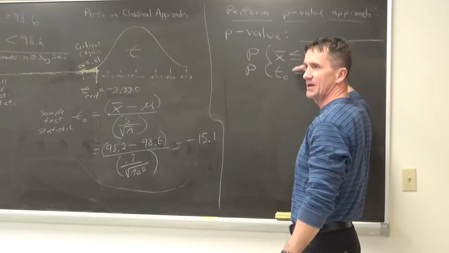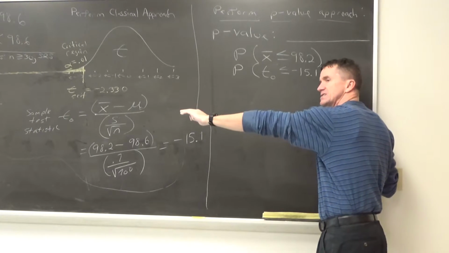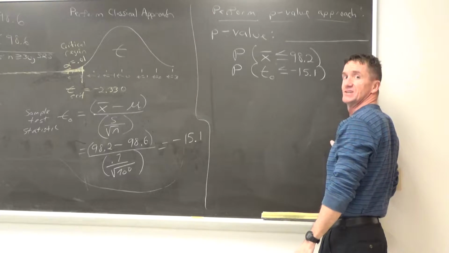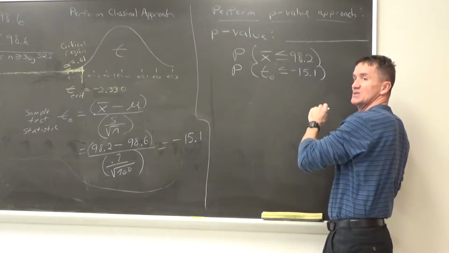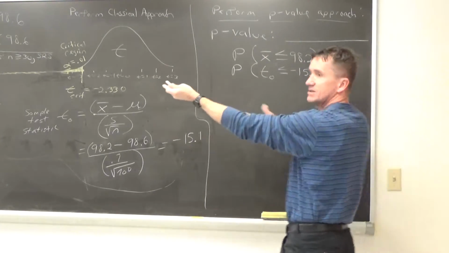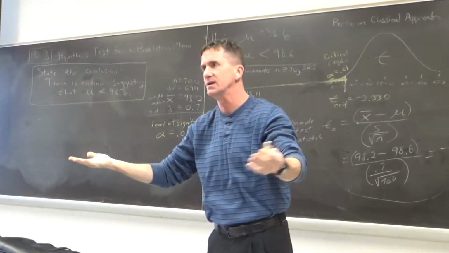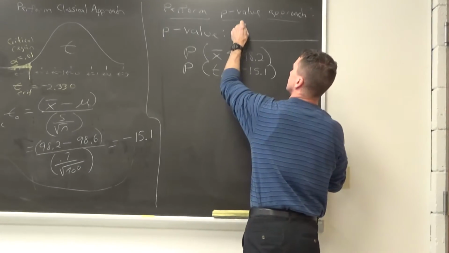Because as you're thinking about this right now, how much to the left of negative 15 standard deviations is shaded under that bell curve? Oh my gosh, it's not much, is it? So I expect a very, very small number. Do you all agree? We'll do it on the calculator, but we know right now, just looking at this bell curve and the empirical rule, this is going to be very, very small. Do you agree? All right.